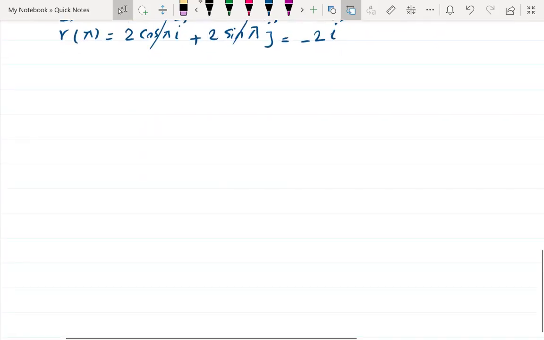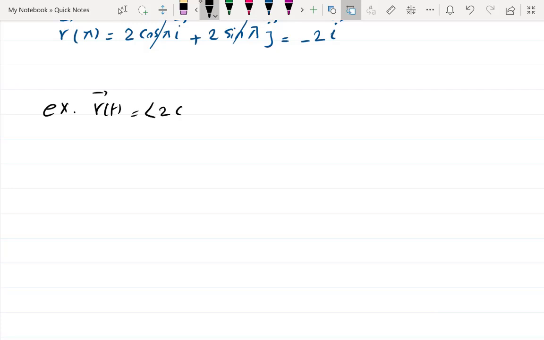Now let's see another example. Suppose r of t is equal to 2 cosine of t, 2 sine of t, and t. To find this function's shape, it is needed we plug in different real numbers. But before that, we need to draw the XYZ axes.